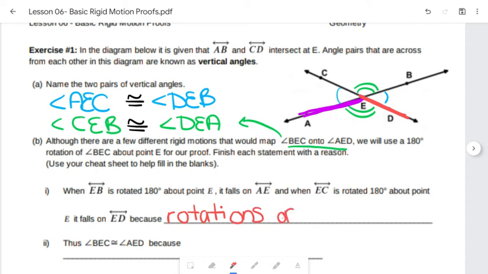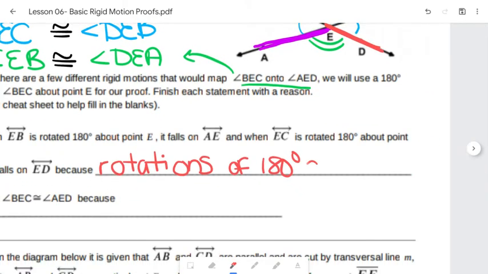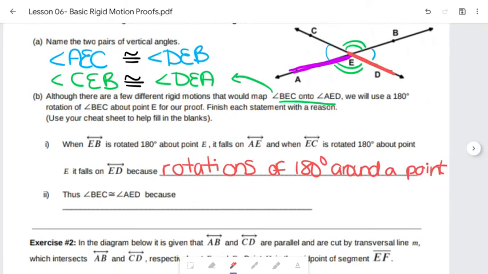of 180 degrees around a point on the line extend the same line.